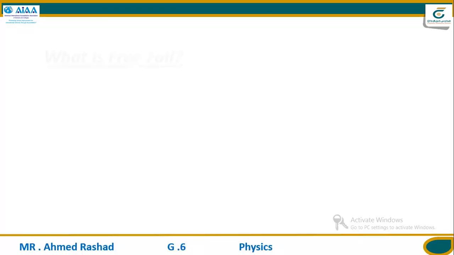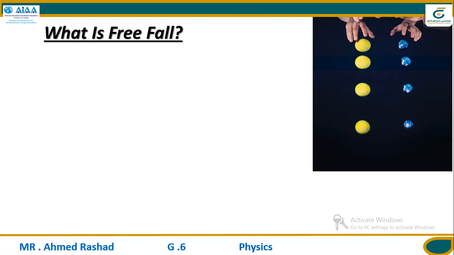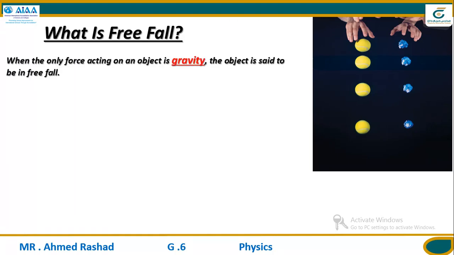Today, our point number 1: what is free fall? Free fall is any object that falls down with only the gravity force acting on it. So when the only force acting on an object is gravity, that object is said to be in free fall, which causes the object to accelerate.